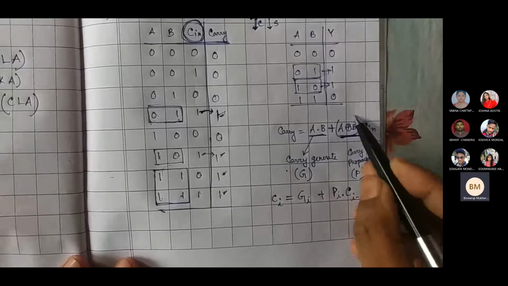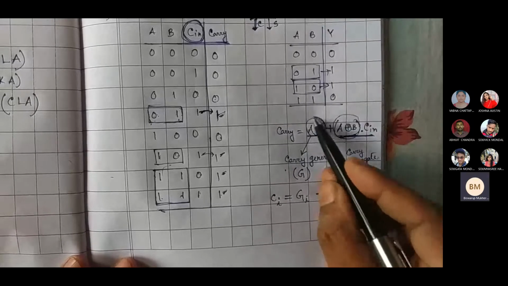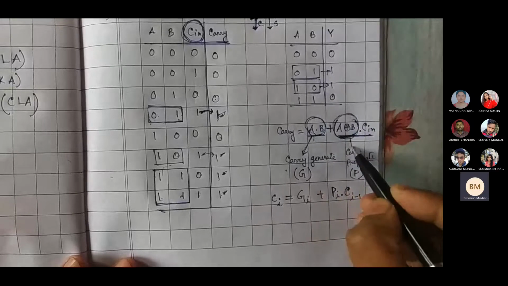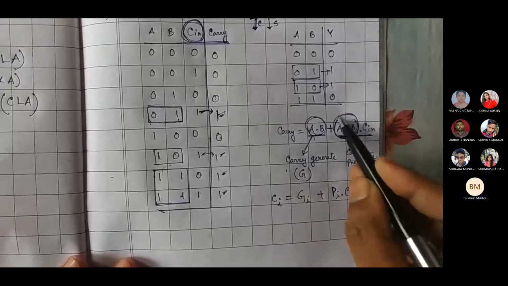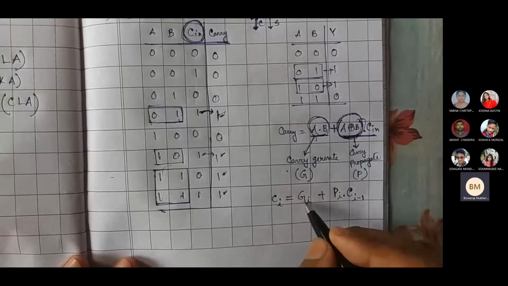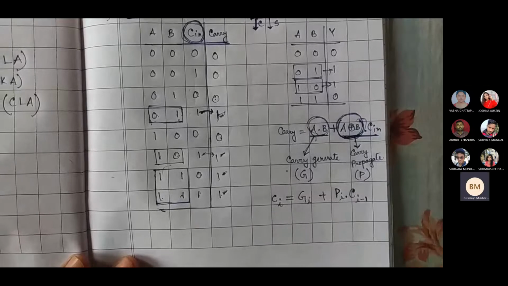A dot B is the carry generate term, and A XOR B is the carry propagate term. So we can write it as Gi plus Pi dot Ci minus 1.